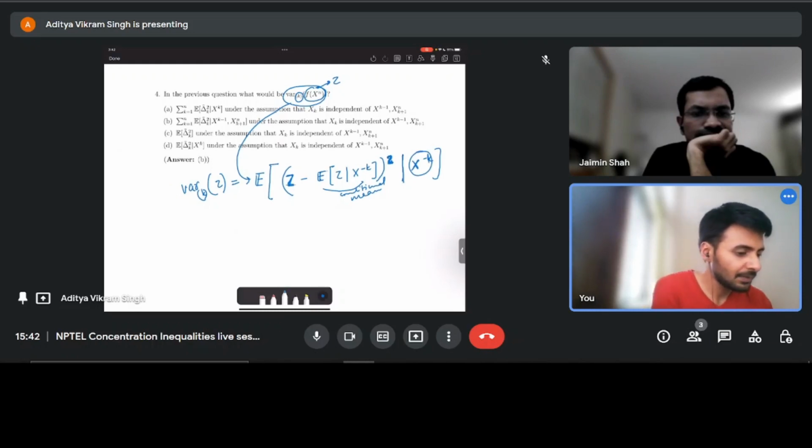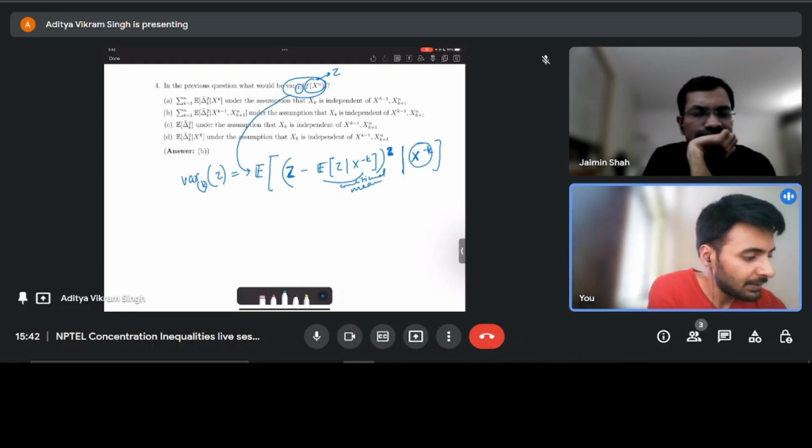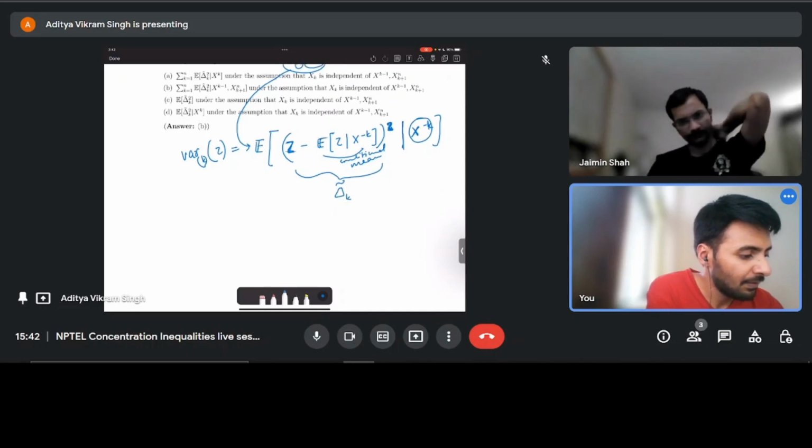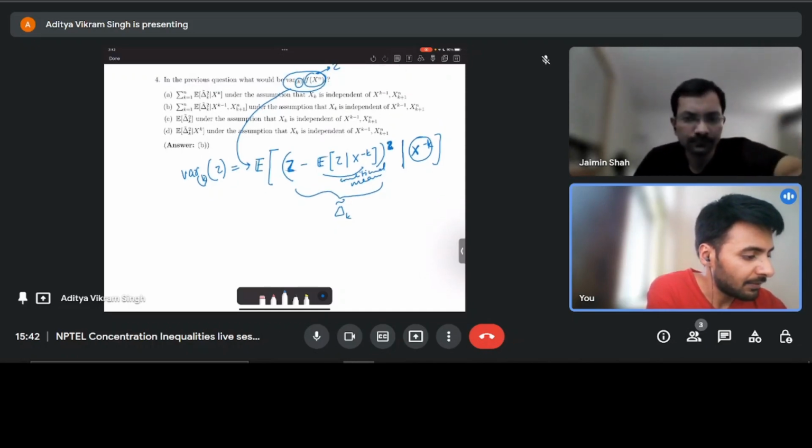So right, okay, we have this, and this we saw in the previous question. This quantity has been defined as delta tilde of k, without the square. So this is just the expected value of delta tilde of k, the whole square, given x of minus k.